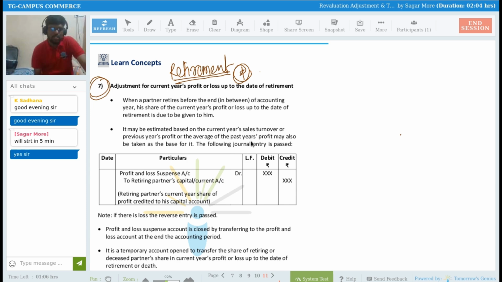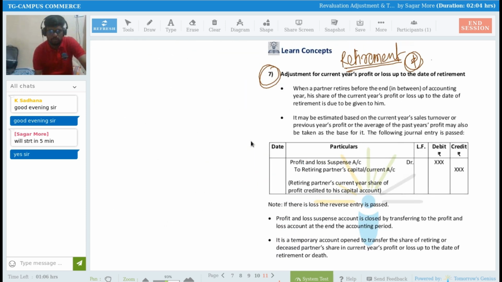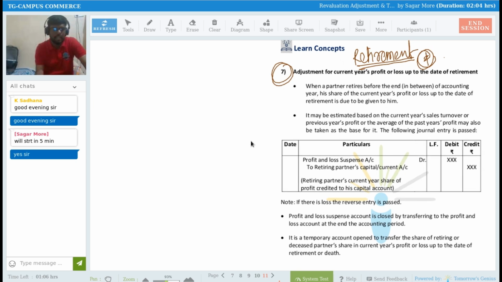Okay, so we are going to see this concept now: adjustment for current year profit or loss up to the date of retirement. What does it mean actually? See, if my current year is 1st April 2021 up to 31st of March 2022, and there are three partners, partner A, partner B and partner C, and C is retiring from the partnership business.